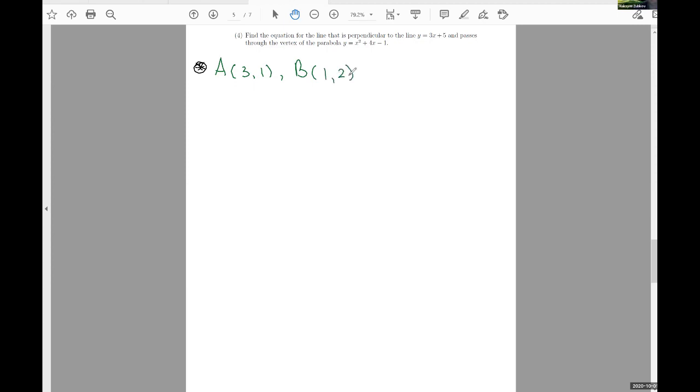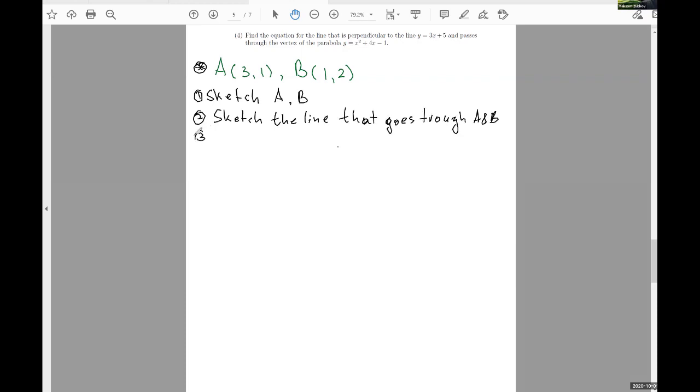And for these 2 points, I want you to do the following. So first, sketch A and B. Second, sketch the line that goes through A and B. Third, tell me, is this line increasing or decreasing?